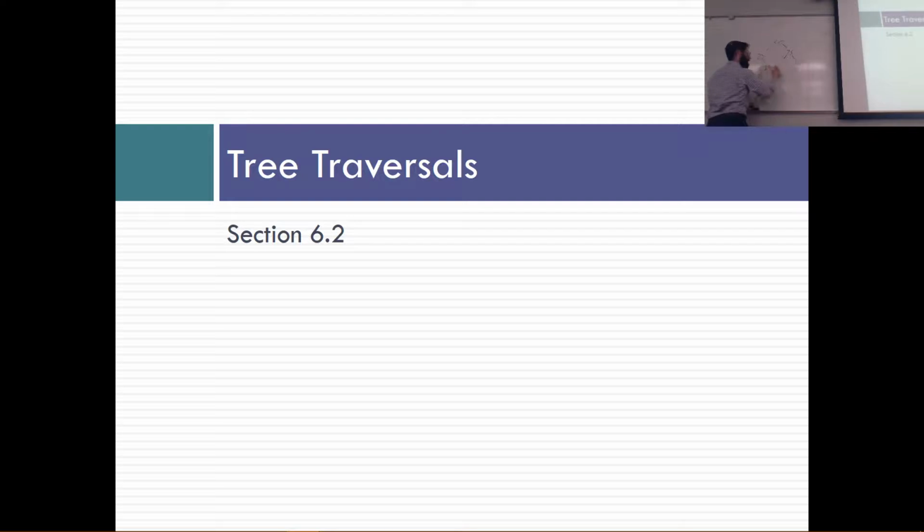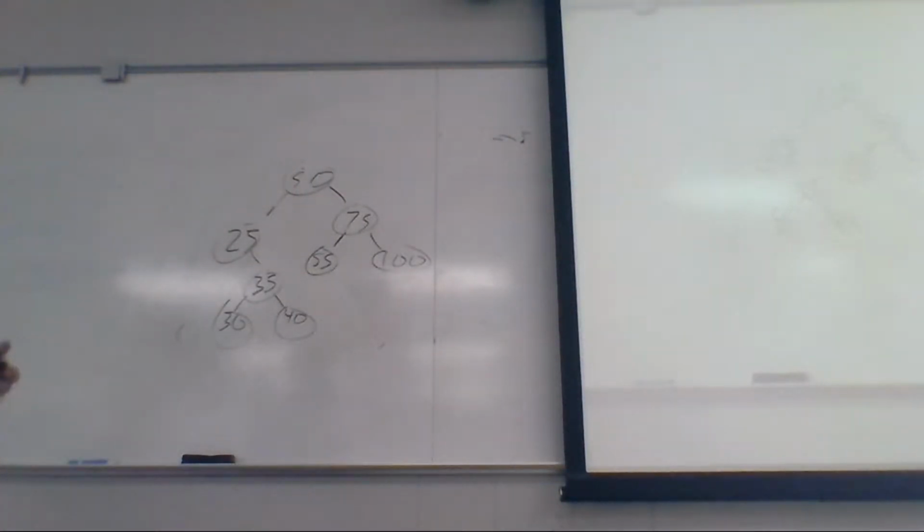All these nodes over here. How would I even go about printing out all the values in this tree in a meaningful way?